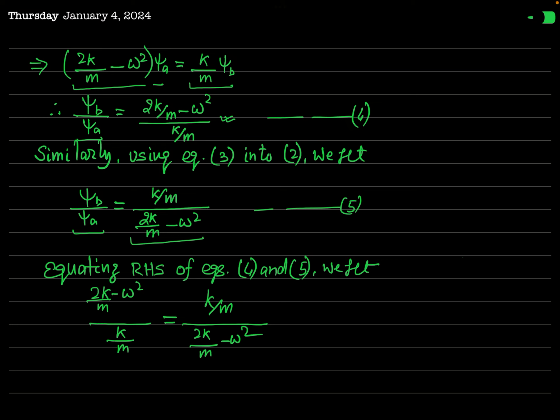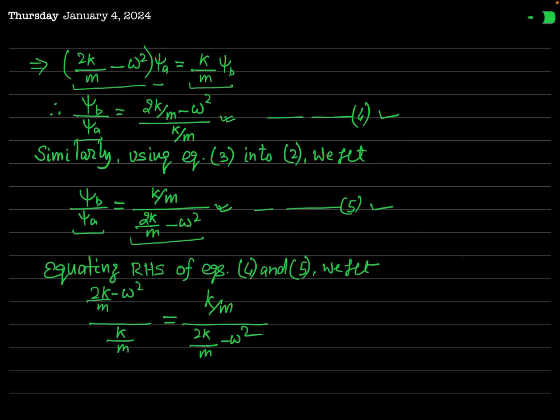I have not done this algebra here, it is just like above, and you can do it. So psi B by psi A, in this condition you will get k over m divided by 2k by m minus omega square. Okay. So you can see we have obtained the value of psi B by psi A in equation 4 and also in equation 5.